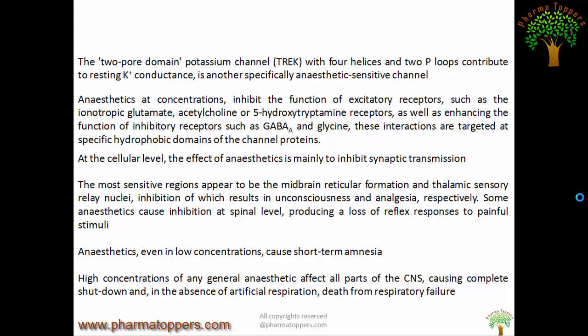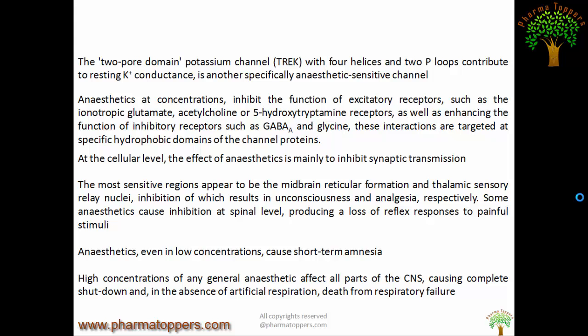The anesthetic state comprises three main components: unconsciousness, loss of reflexes or muscle relaxation, and analgesia. Even at low concentration, they were also found to produce short-term amnesia, and high concentration leads to CNS shutdown. In the absence of artificial respiration, death may occur due to respiratory failure.